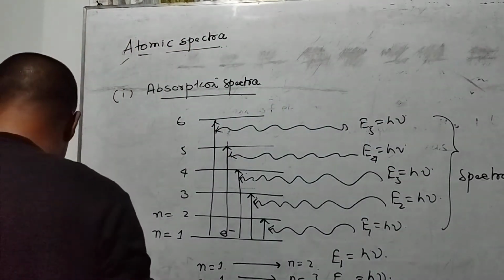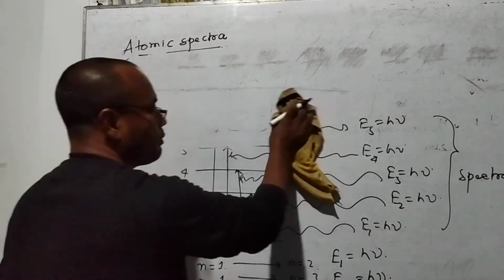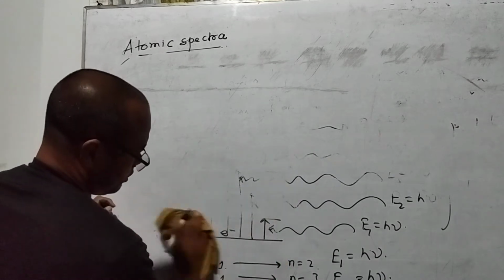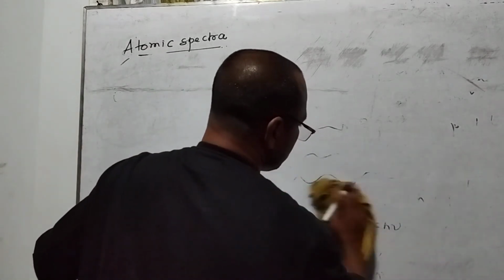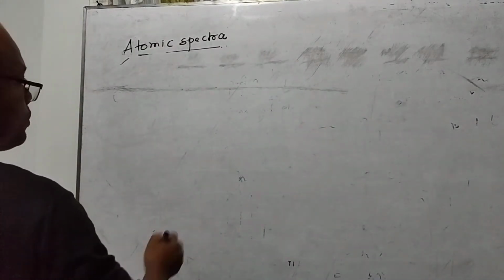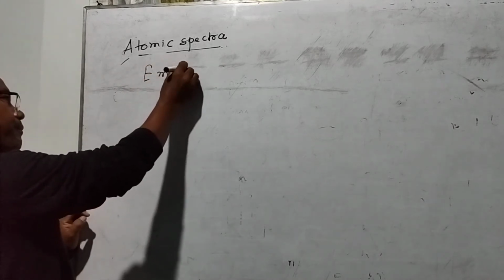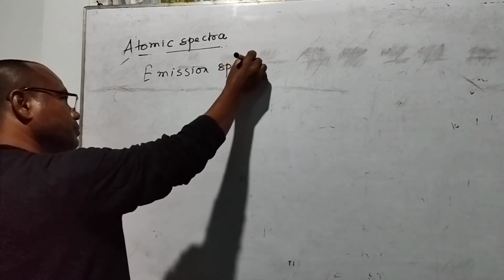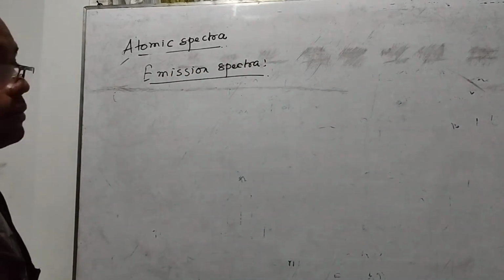Next, the second type of spectra is the emission spectra. Emission spectra is just the opposite of our absorption spectra. Here also there is excitation of electrons. I write emission spectra. How are emission spectra formed?